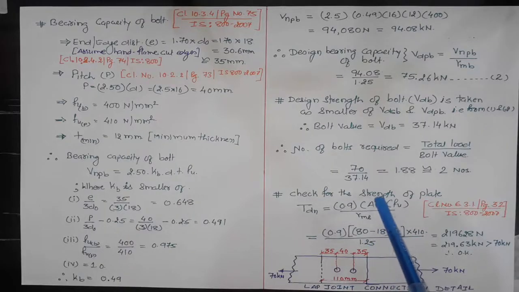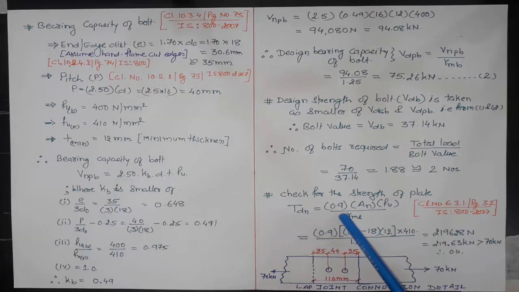Here An is the net area in which we are supposed to deduct the hole from the gross area.